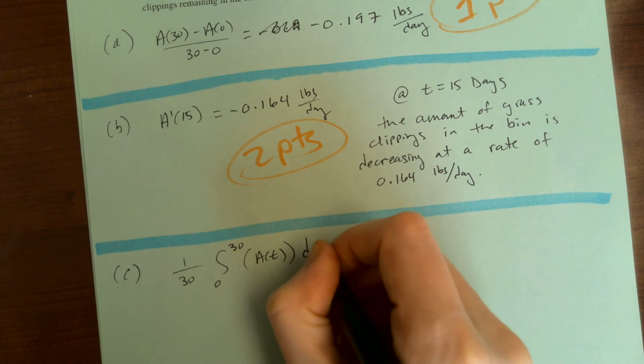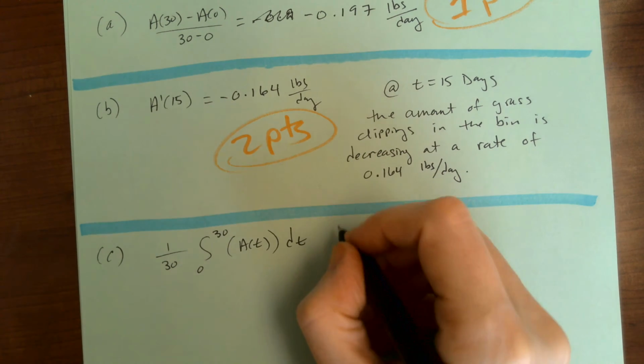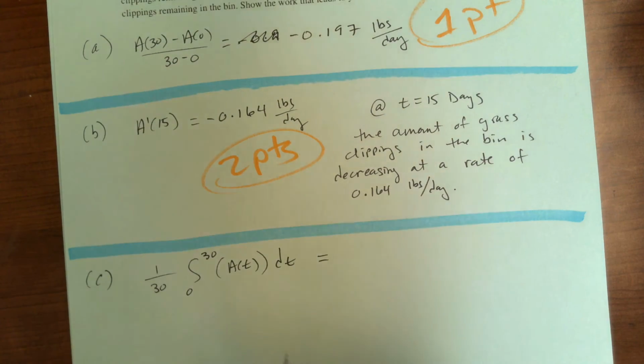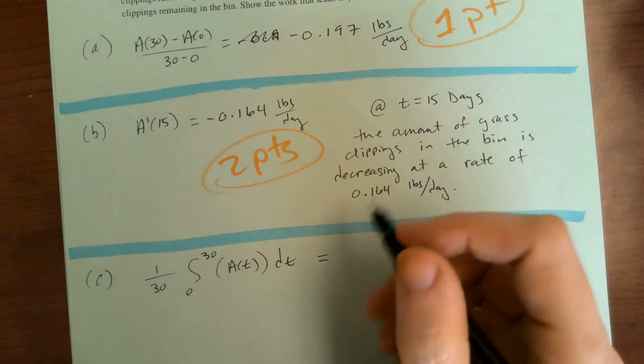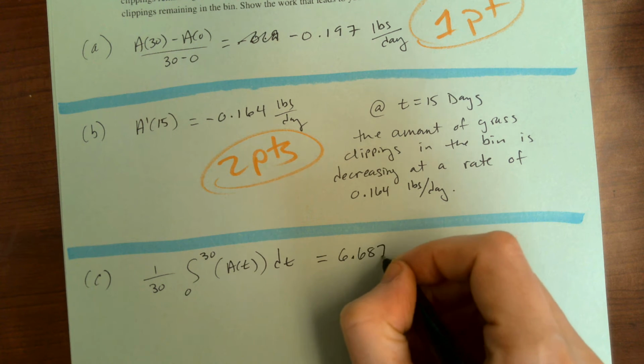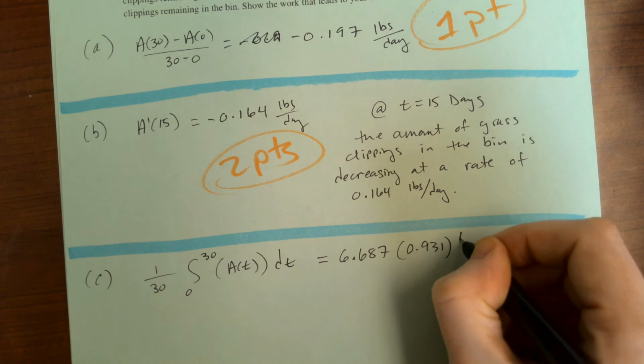This gives us the average amount of grass clippings in the bin. And we want to ask ourselves, at what time is the amount of grass clippings in the bin at its average value? So this is 6.687 times 0.931 to the t.